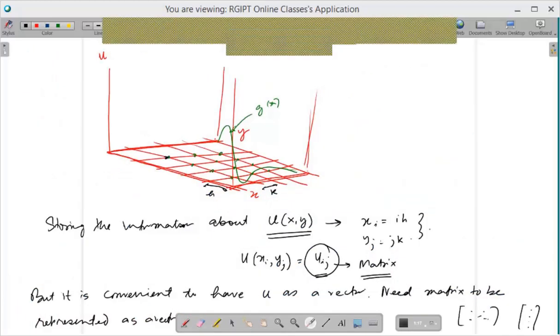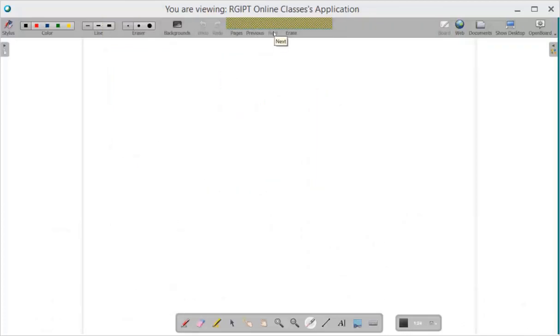So for the general case, generally, applying a finite difference scheme.